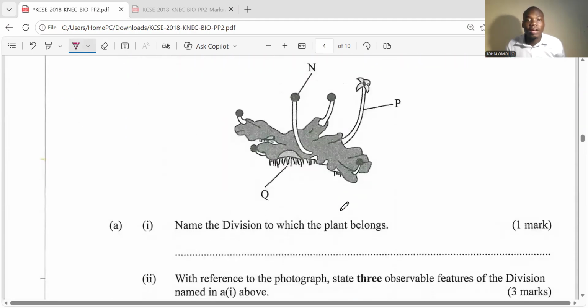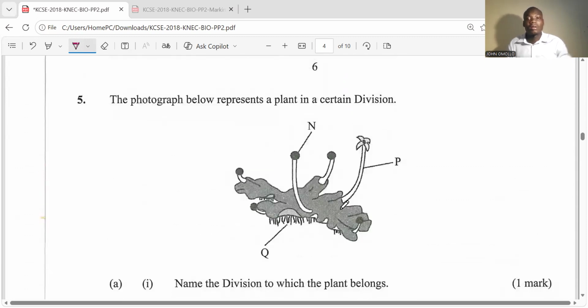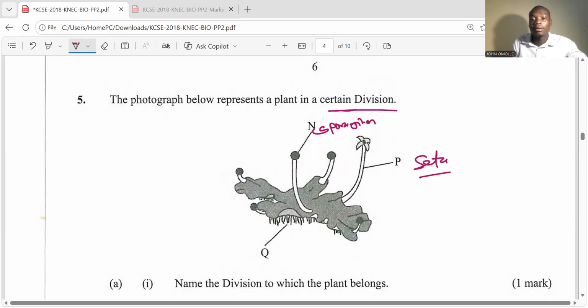So I'm just going to dive into a few questions under this question 3, because too much of something is dangerous. The photograph, tomorrow is also a day. The photograph below represents a plant in a certain division. So there is a plant here with different parts. This part here is called the sporangium. This part is the seta, not stem, seta.